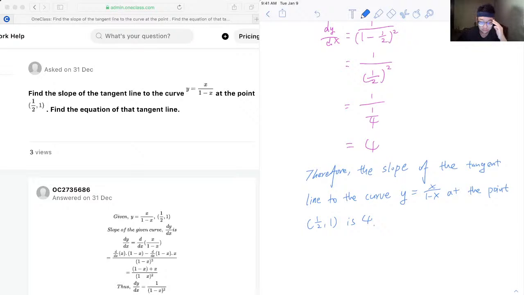Okay, so that's the first part of this question. And now we need to find the equation of the tangent line.